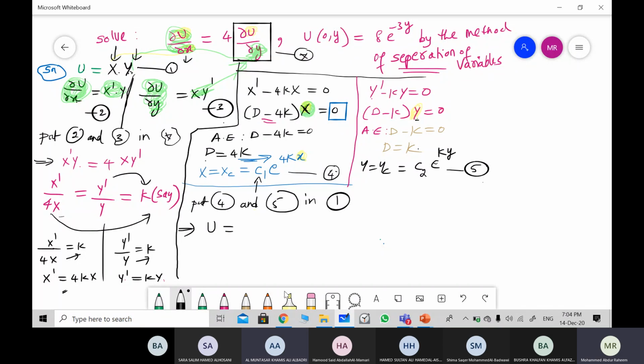X how much? Yes, Bushra, x how much? How much is the x value? You need to write this x value here.